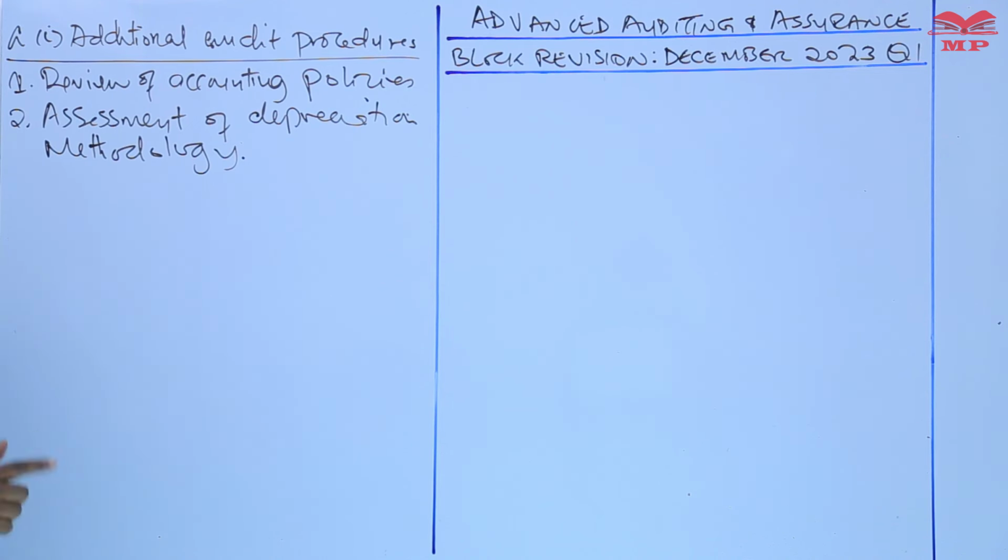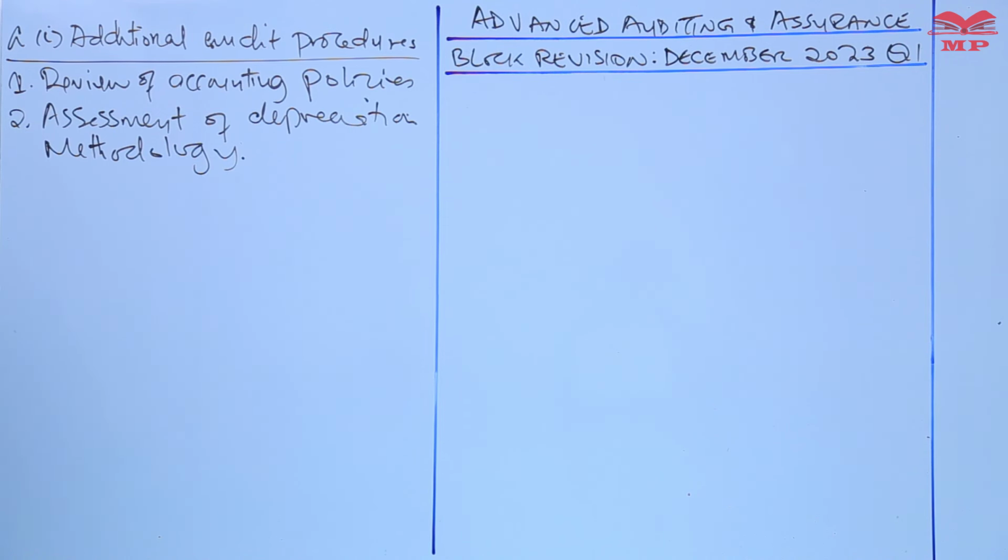So there are various methods that the company may use, the straight line method or reducing balance method. So the auditor should evaluate the appropriateness of the method that is used to depreciate buildings. Assess, for example, whether the straight line method is reasonable or not.